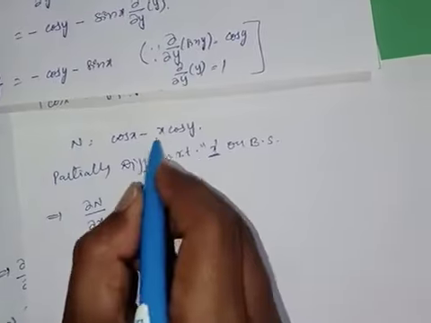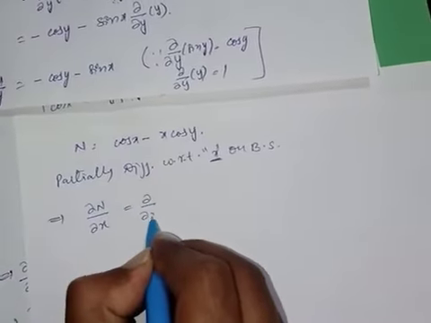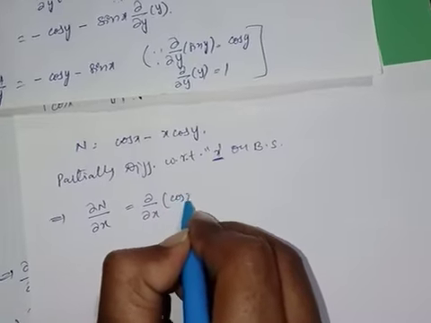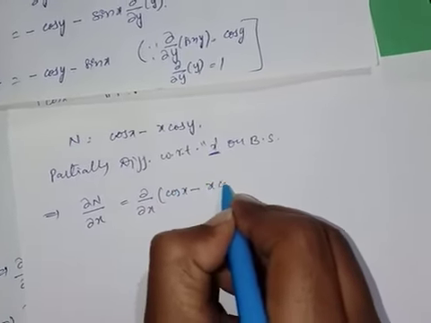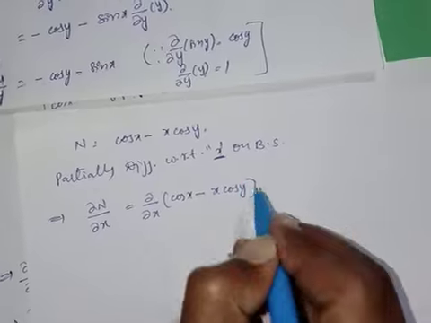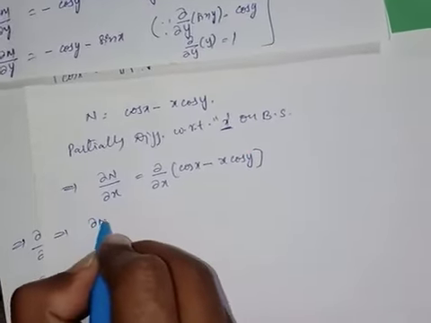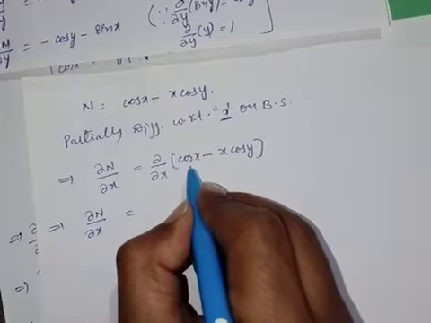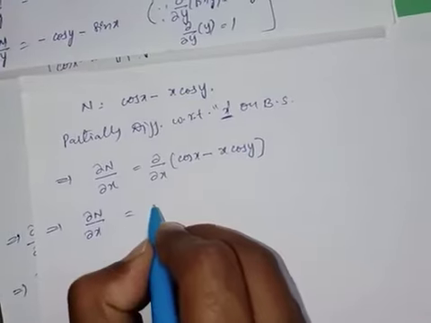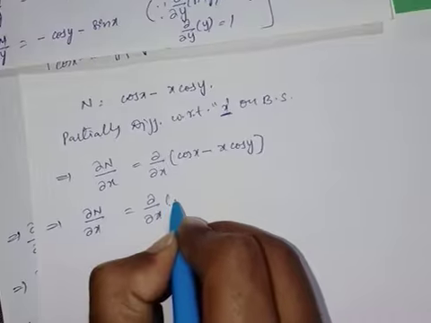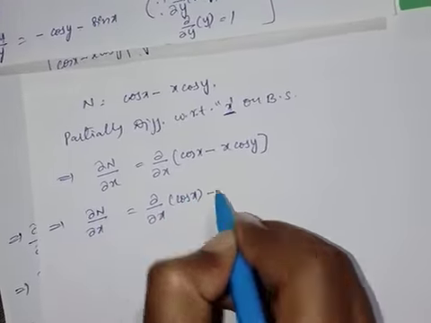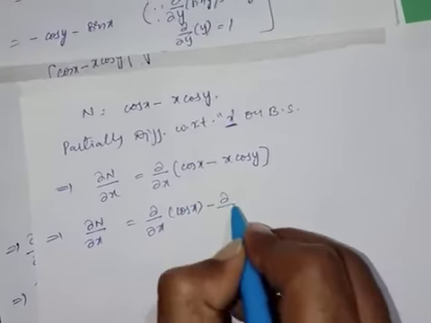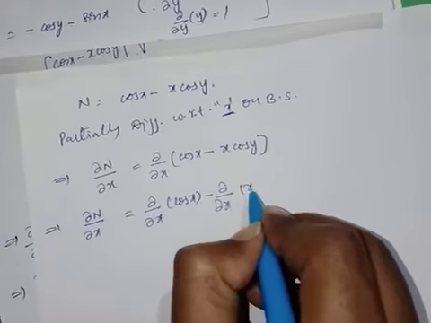the LHS side is over. Now apply the RHS side. ∂/∂x of (cos x − x cos y), so ∂N/∂x is equal to, splitting the partial differentiation, ∂/∂x of cos x minus ∂/∂x of x cos y. So ∂N/∂x is equal to ∂/∂x of cos x, which is −sin x, minus: here the derivative is x and the variable is y. This is a partial derivative, so we can treat y as constant and take it outside: cos y times ∂/∂x of x.